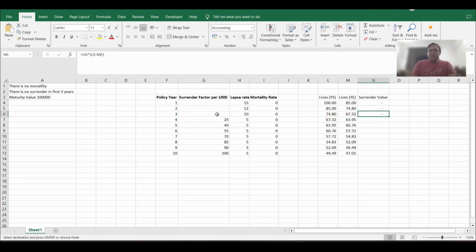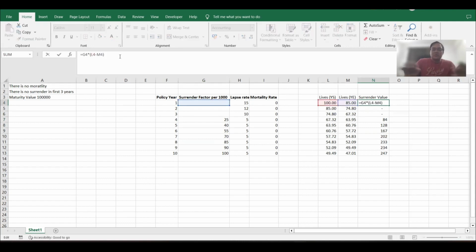Now we are going to see the surrender value coming. I'm going to just copy and paste this, and this is the surrender value that you are giving. Now, I told you that this number is per thousand. So if you have to calculate the actual number, this should be multiplied by 1,000.